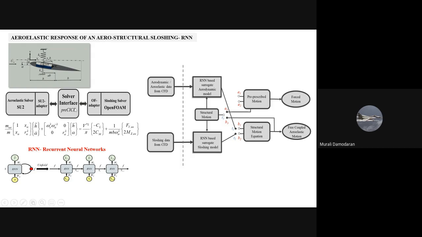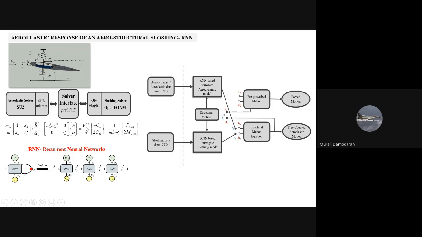Our experience shows it is quite a difficult task to get all these different codes to talk through preCICE, but it is possible. You need quite a lot of work, because these are all open source software. They're not commercial codes. So the open source beauty is that you get to do the work and you can see what is happening. So there's a certain amount of control.